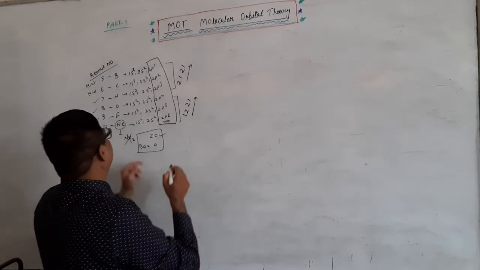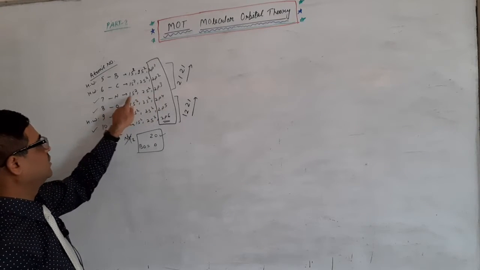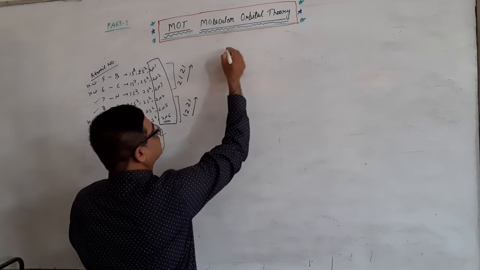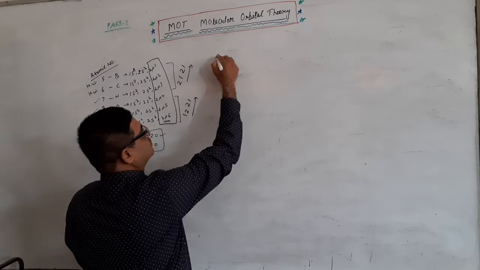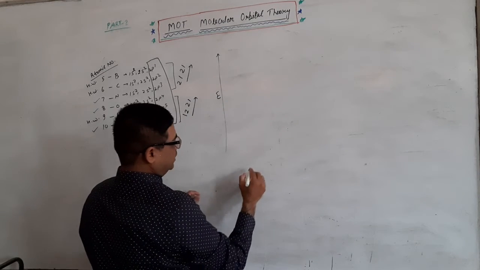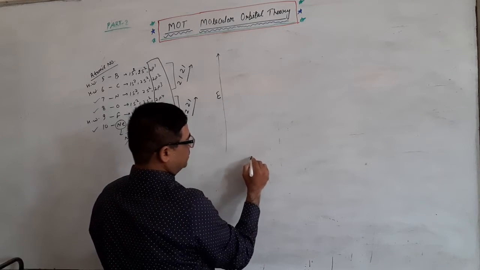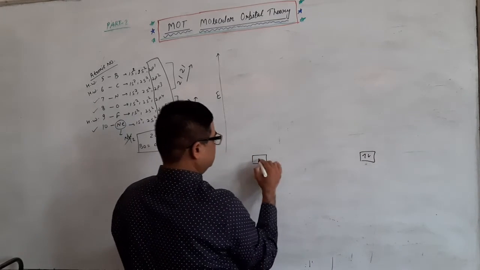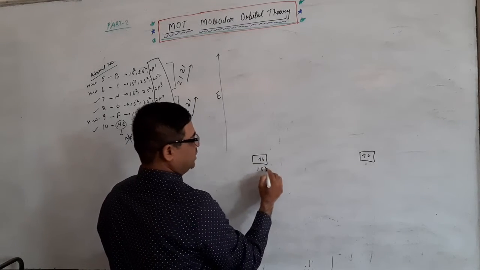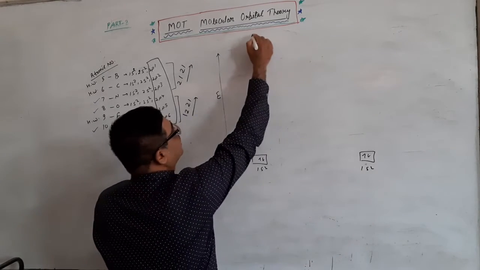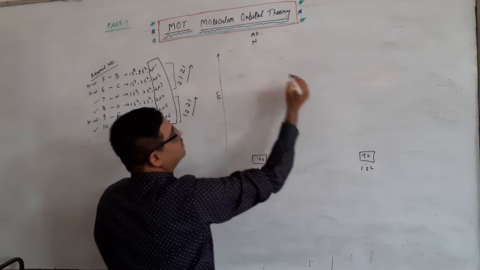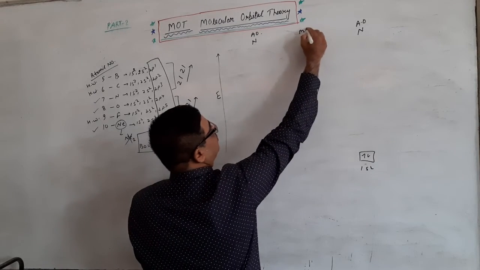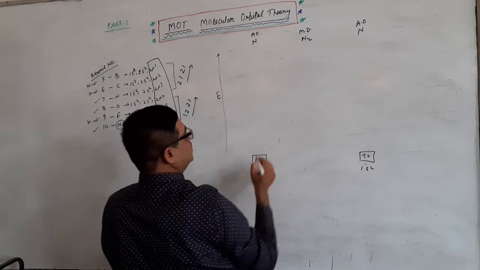First I am going to take nitrogen, the formation of the N2 molecule. I will go according to electronic configuration. So this is the energy arrow. Here I can make 1s2. Here is the atomic orbital of N, here the atomic orbital of N, and here the MO of N2. Clear?